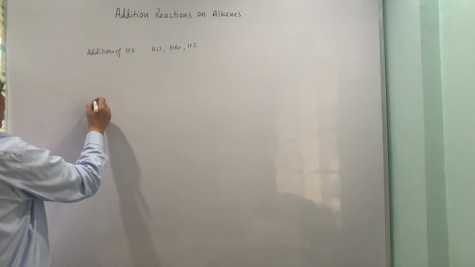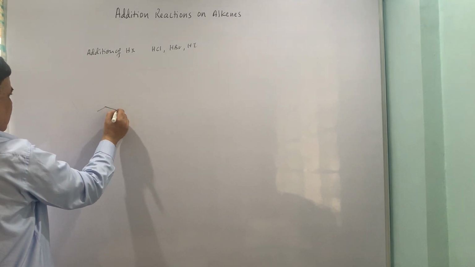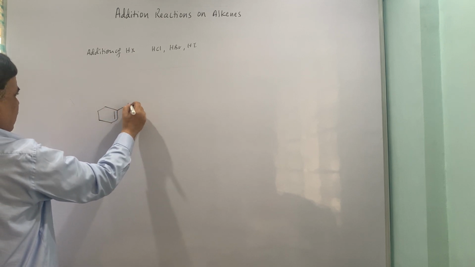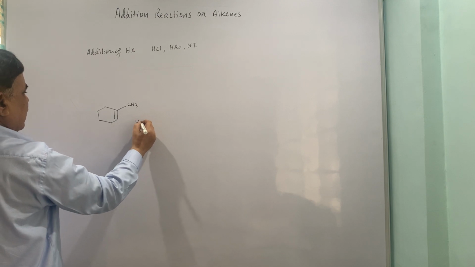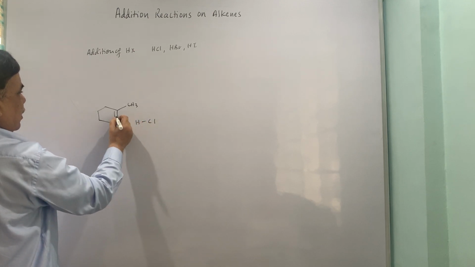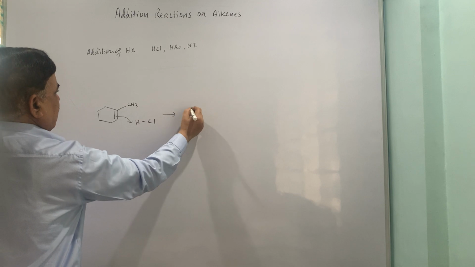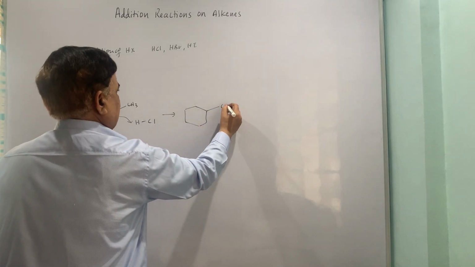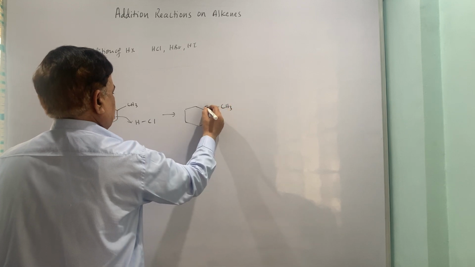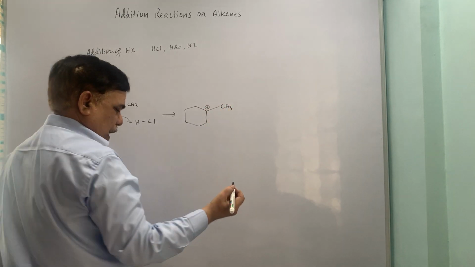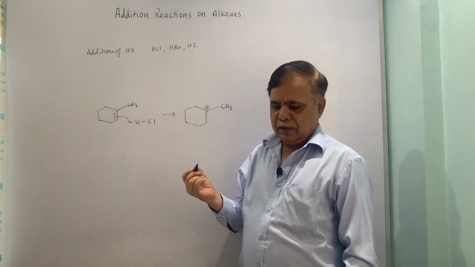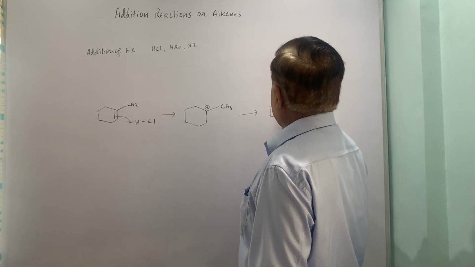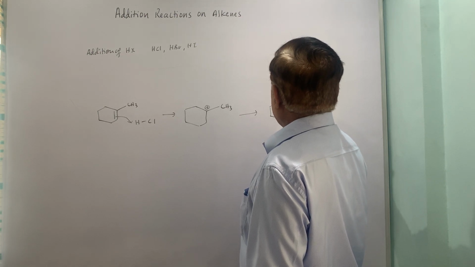Addition of HCl or any compound, if I am starting with unsymmetrical alkene, then you know that one rule prevails. The attack of nucleophile leads to the formation of the most stable compound.